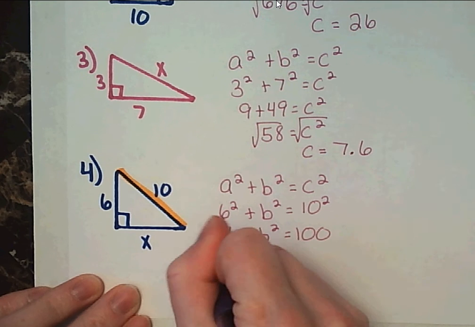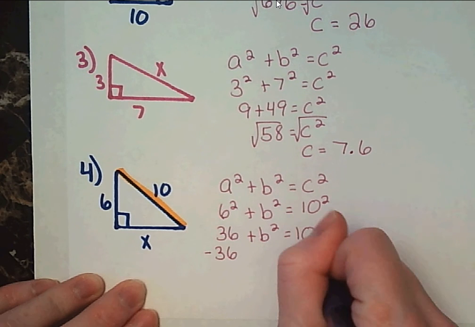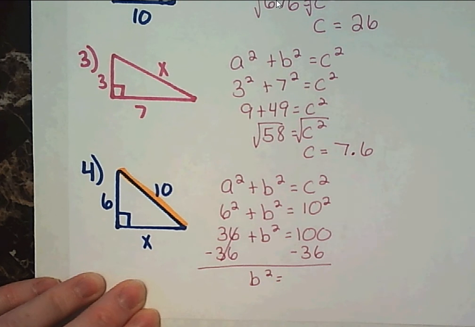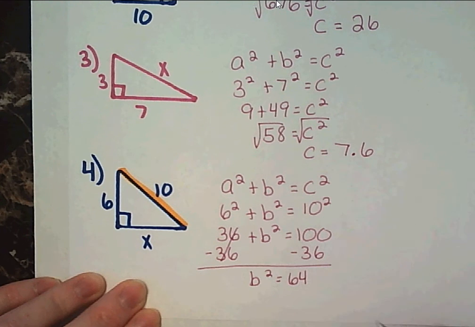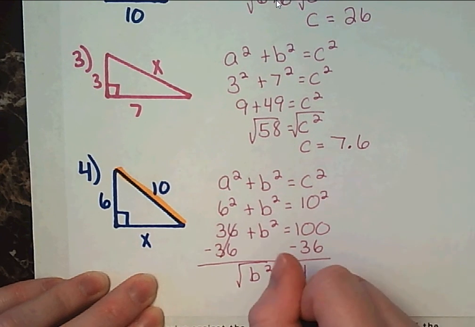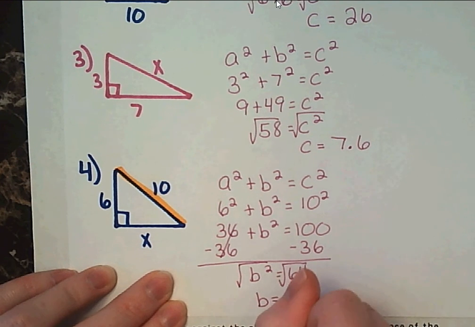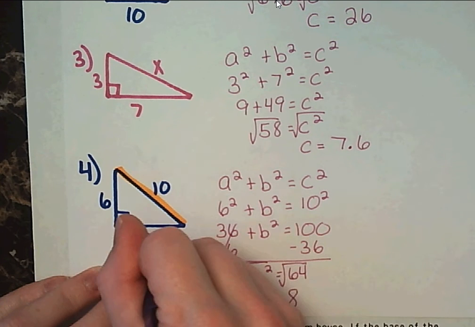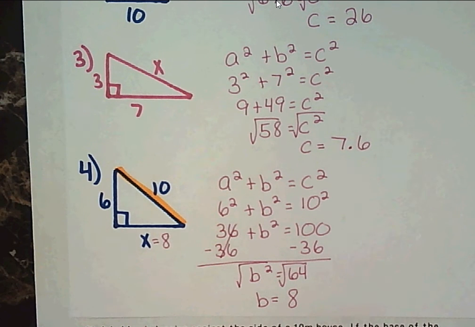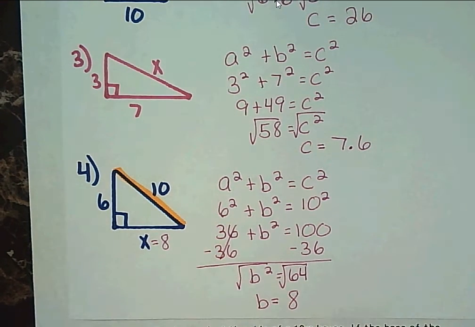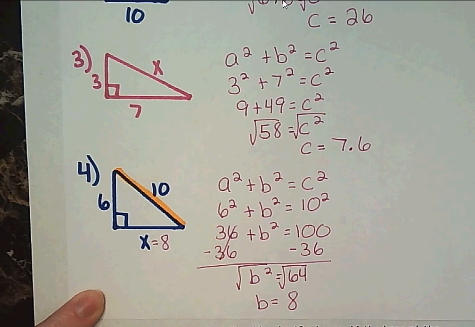We could subtract 36, going back to solving for a variable. And we have b squared equals 100 minus 36, which would be 64. And once again, the last step would be to take the square root. So the square root of 64, in this case, would be 8. So that means our missing side would be 8. And that shows what we always knew, that the hypotenuse is the longest side.